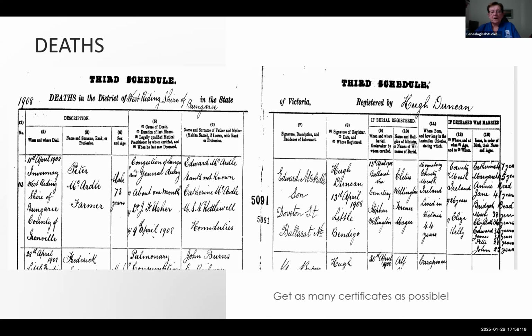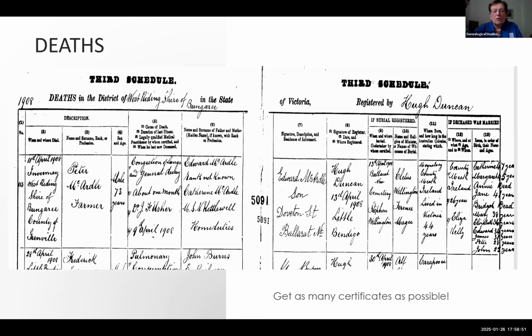In this case, it's the father, Peter McArdle. He was 73 years when he died. He died of congestion of the lungs and general decay, which he had for about a month before he died on the 11th of April.